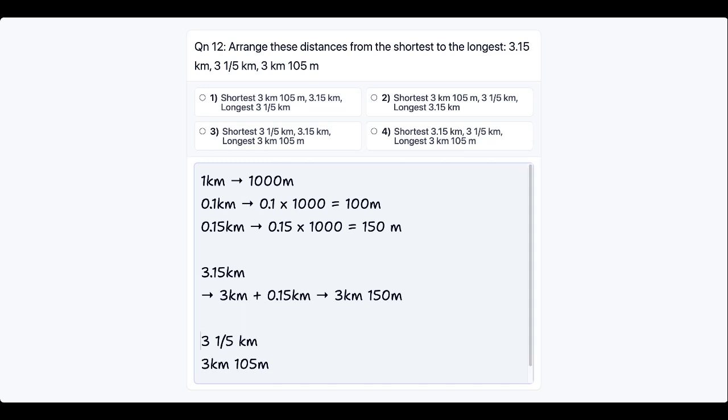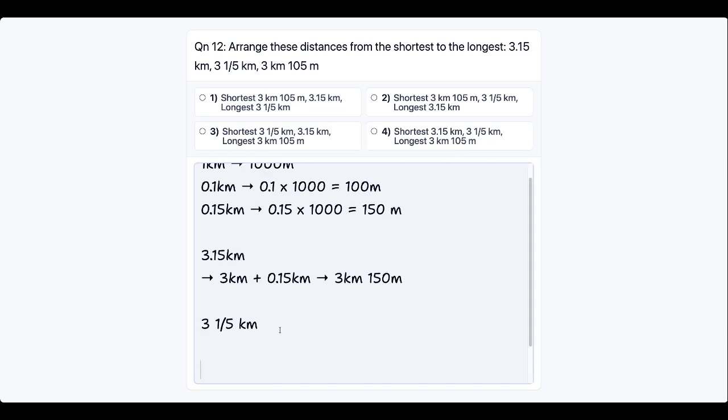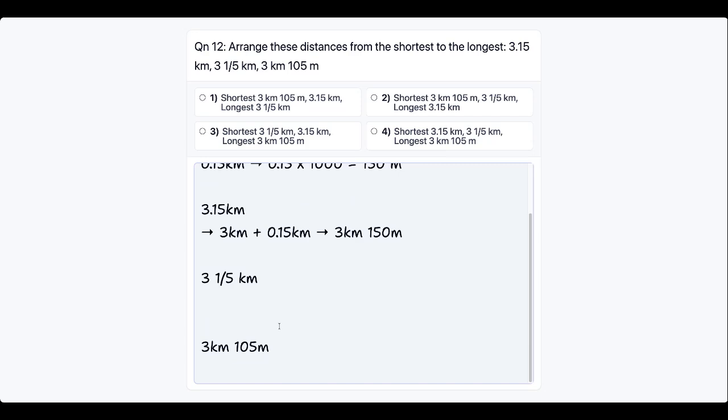Okay, what about 3 1/5? So this is 3 kilometers plus 1/5 of a kilometer, which is basically 3 plus 1/5 times 1000. That is basically the same as 1000 divided by 5, right?